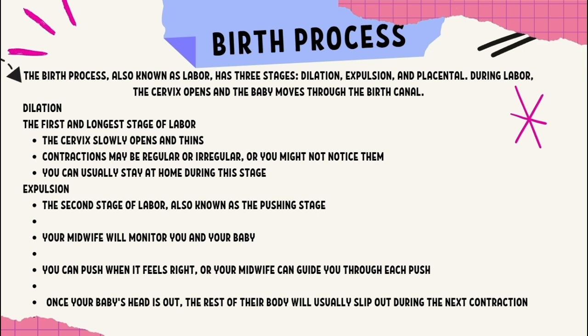So the first thing is dilation. This is the first and longest stage of labor. Have you ever watched maybe YouTube or some movie and you hear the doctor say 2 centimeters dilated or 3 centimeters dilated? It's basically this. So this is the first part of the birth process.